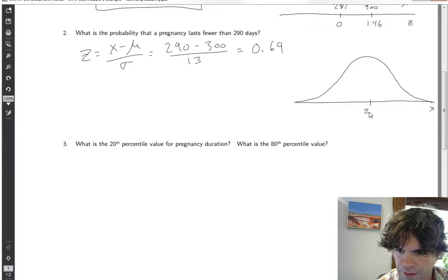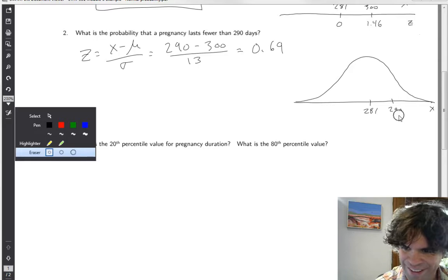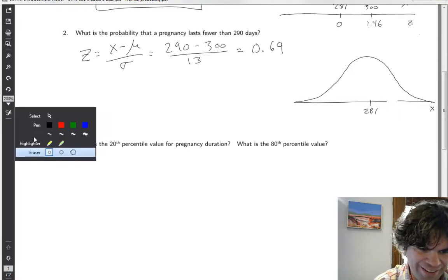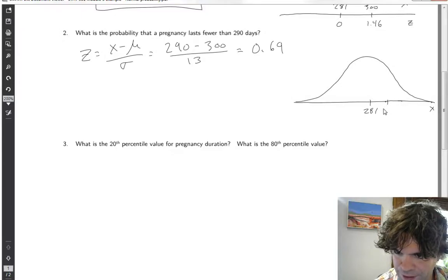X, 281 and 290. I drew that a little bit too far out. Let me move it in a little closer. Something like that. 290 and then z mean of 0, and we found that that is 0.69.